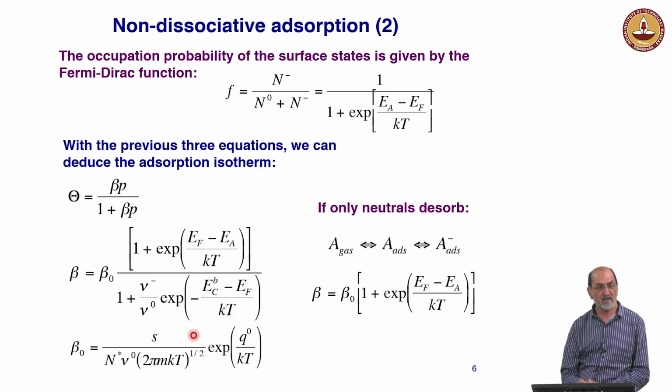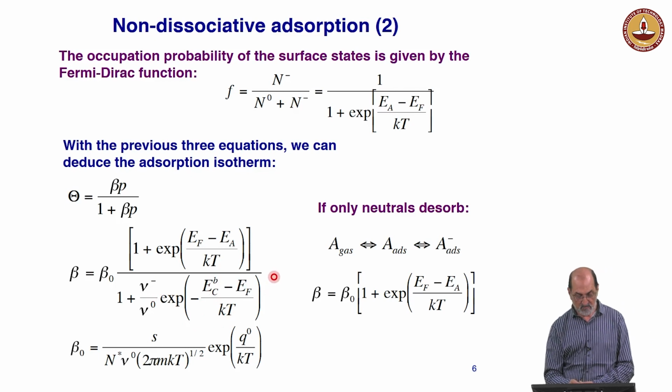And this is a very small number. This is the energy I need, essentially, to extract those ions from the surface. This can be a very, very small number. So essentially, we can neglect this term. That would be the situation if both kinds of absorbed particles, neutral and charged, can desorb.